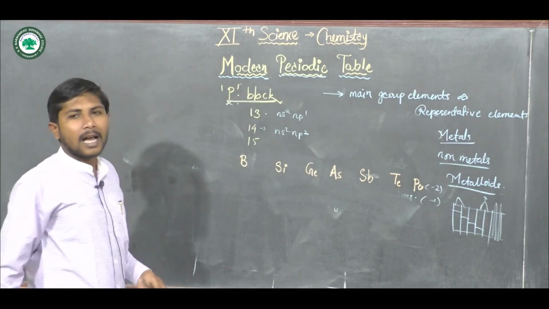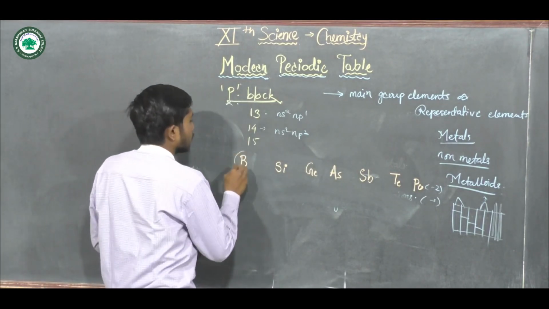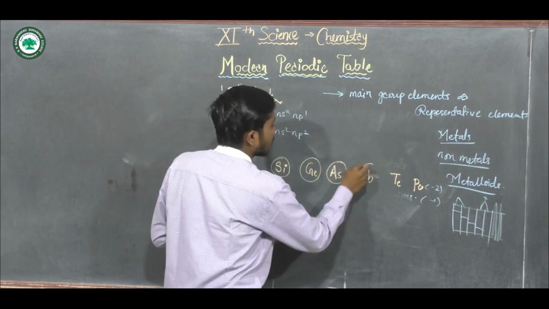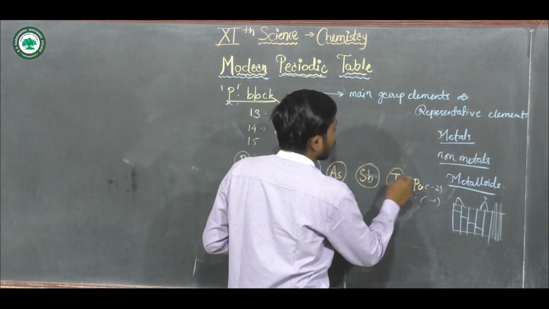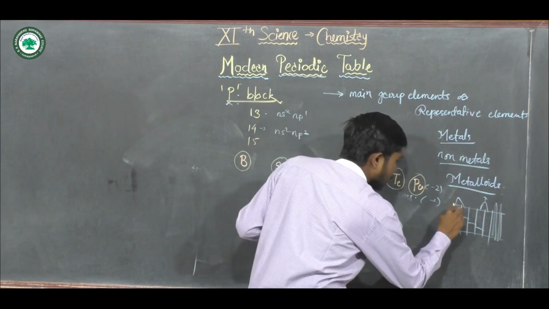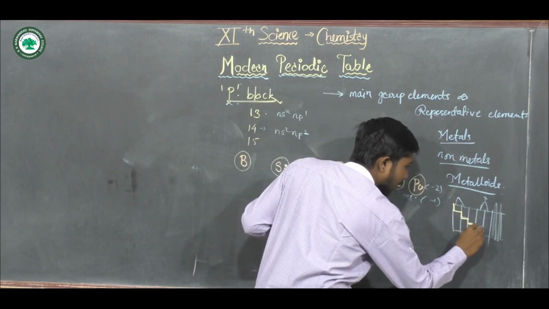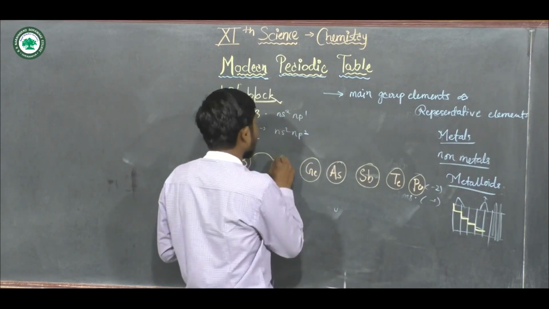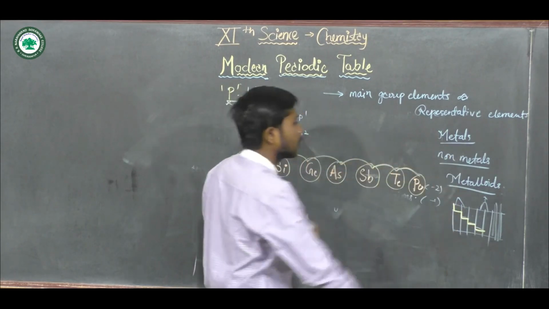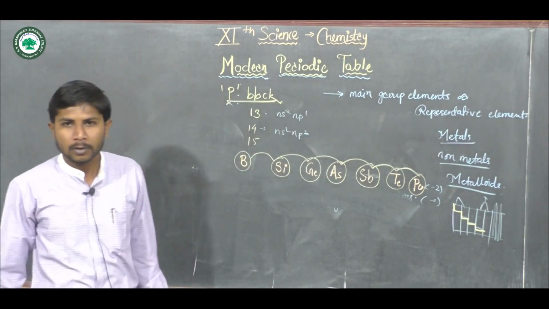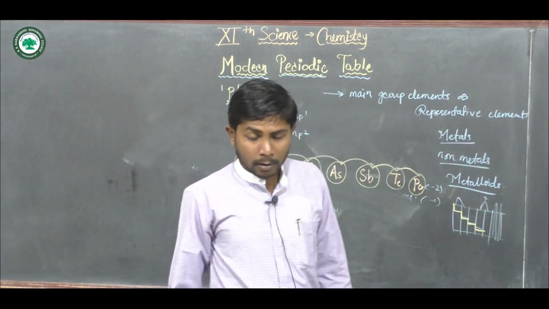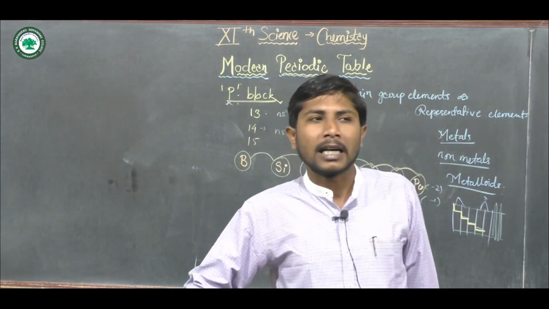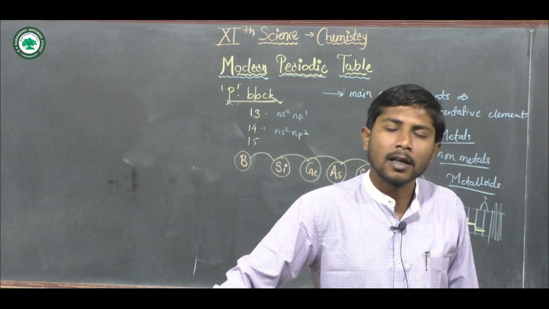These elements are metalloids. They are present along this zigzag line in your periodic table, and these elements are nothing but the metalloids which are present in the p-block. Okay. Now we will discuss some periodic properties or periodicity in the modern periodic table in the next video.